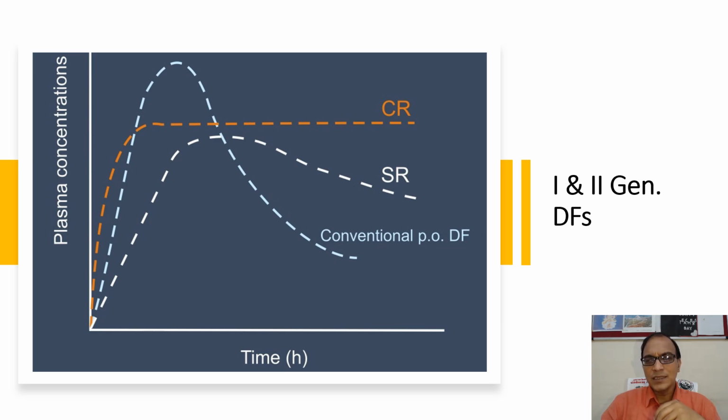While these CR and SR, controlled release and sustained release, are the second generation dosage forms. You can see the kinetics is different here, and the dissolution profile is significantly different. So that's why they are called the second generation dosage forms.